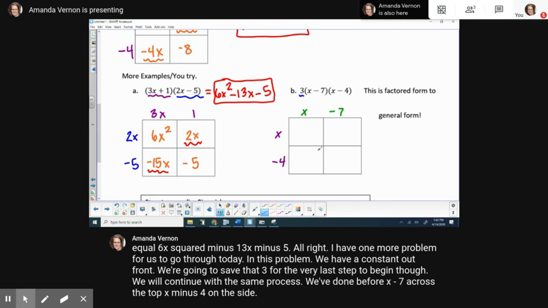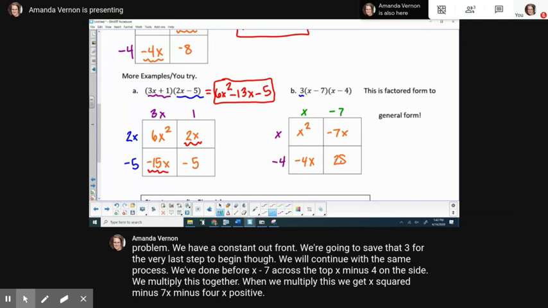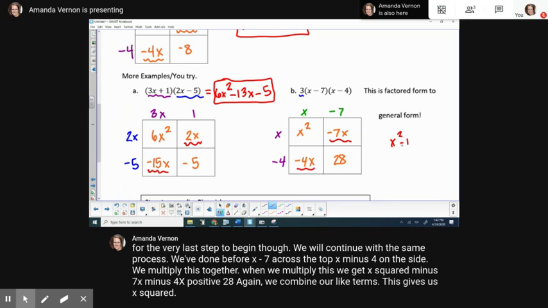We multiply this together, and we get x squared minus 7x minus 4x plus 28. Again, we combine our like terms. This gives us x squared minus 11x plus 28.